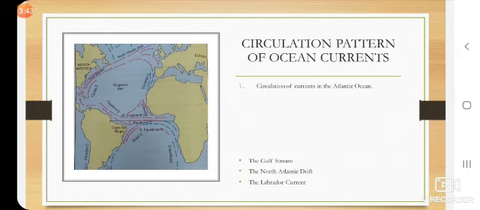Okay, children. Then the Labrador Current. The Labrador Current is the cold current in the North Atlantic Ocean, which flows from the Arctic Ocean and south along the coast of Labrador and passes around Newfoundland, continuing south along the east coast of Nova Scotia. This is the name of a place. Okay, children.